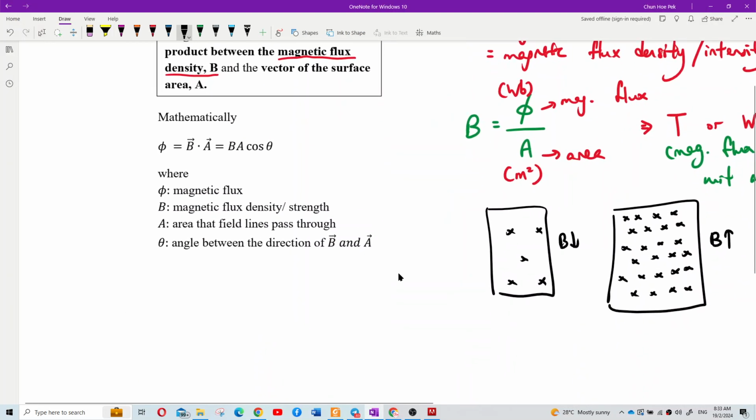In general, let's say I have a region of magnetic field.